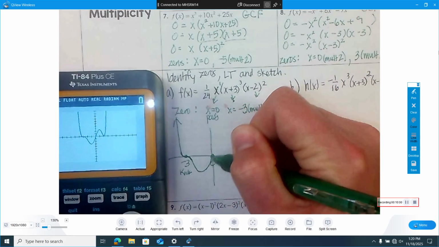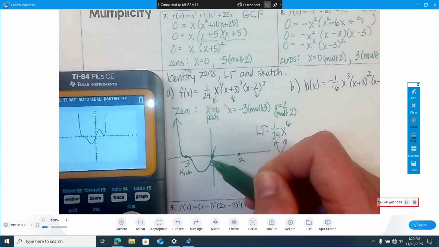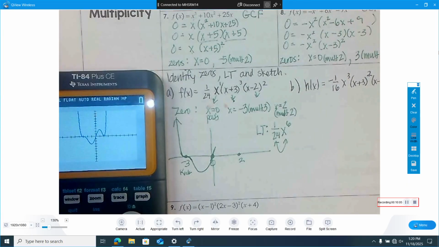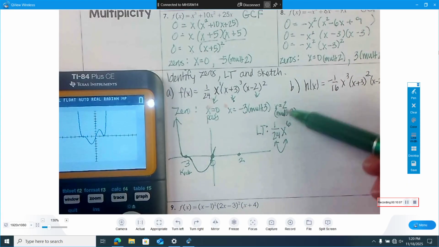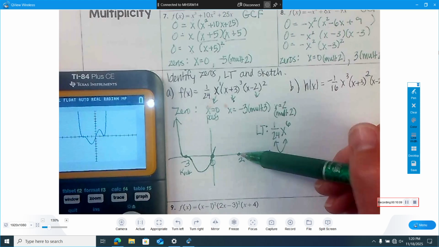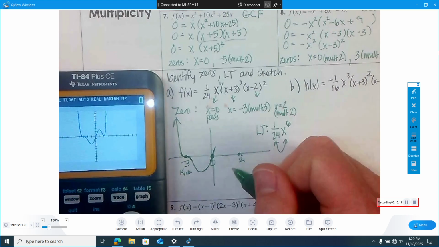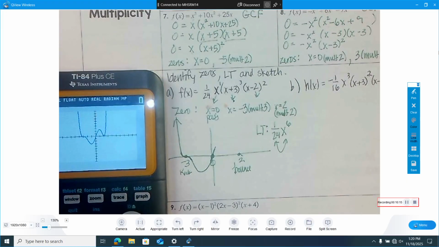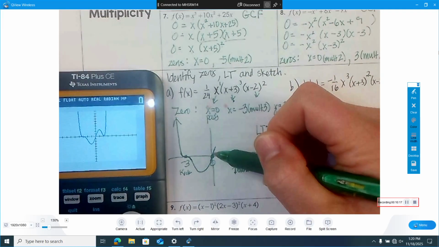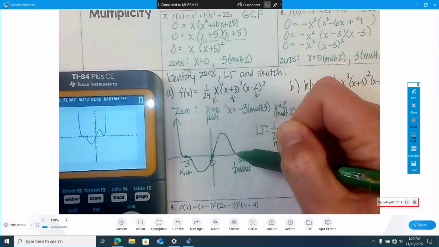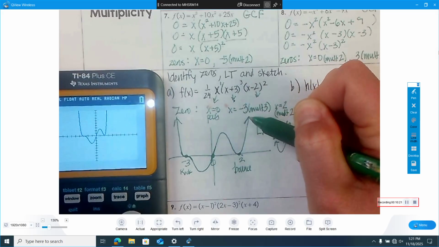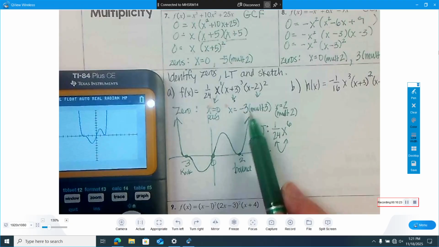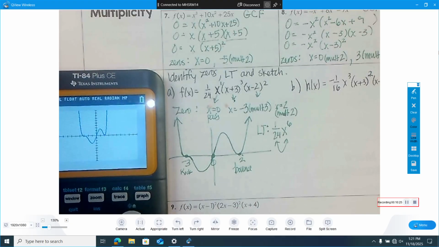And what that really means is it's going through in a linear kind of fashion, like a straight line. And then at the next zero, which is at a 2, we have a multiplicity of 2, and I call that the bounce, where we hit the axis and bounce off of it, all right? So we sort of go up and turn around, and I bounce right off the axis and then end back up like that, which is quite interesting.